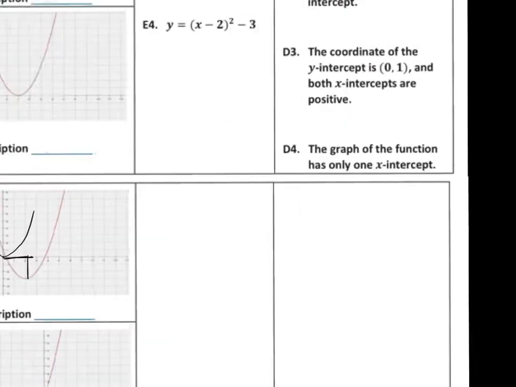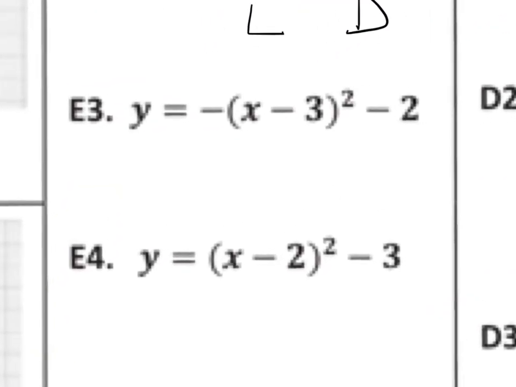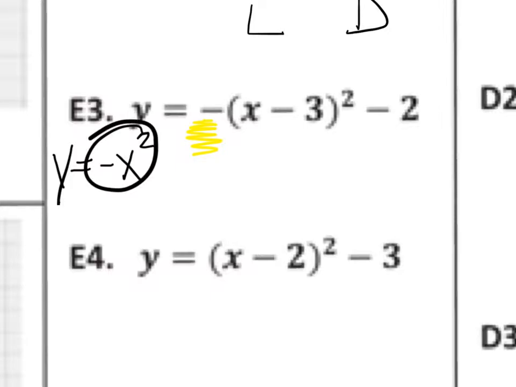Alright, let's go back up here. What does this negative sign mean out in front? What did it mean when we had this? What did it cause the graph to do? Open down, right.